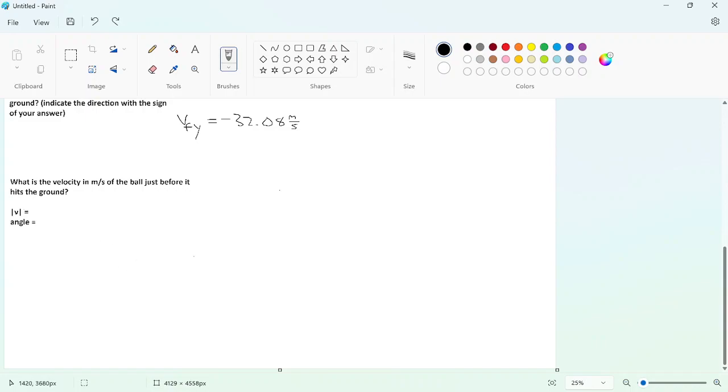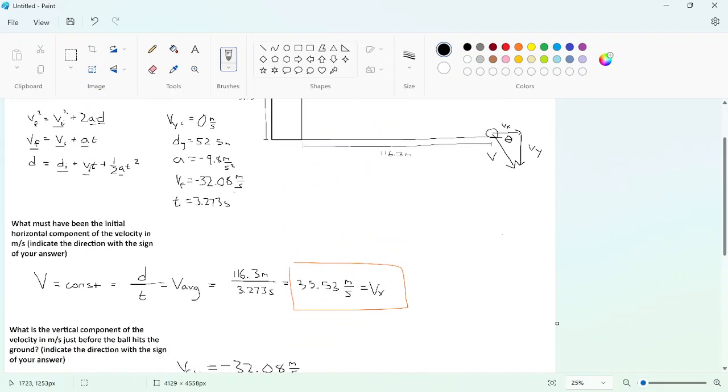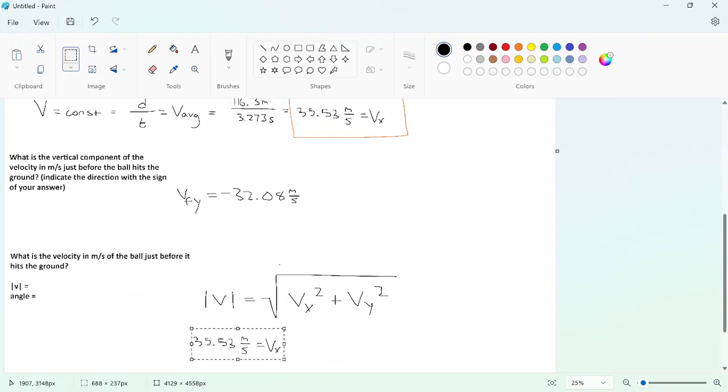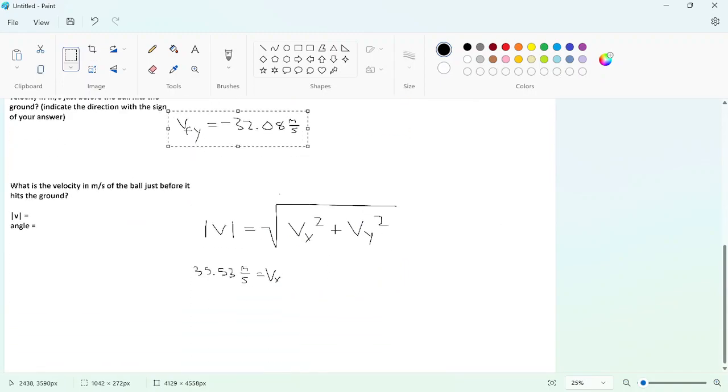If you recall the formula that I showed you at the very beginning of the video, you will know how to calculate the magnitude. Go ahead and write it down if you can remember. Otherwise, I'll write it down here. The magnitude of the velocity is going to be equal to the square root of the horizontal component squared plus the vertical component squared. So the horizontal component, in this case, is going to be this value, and its vertical component is going to be this one.